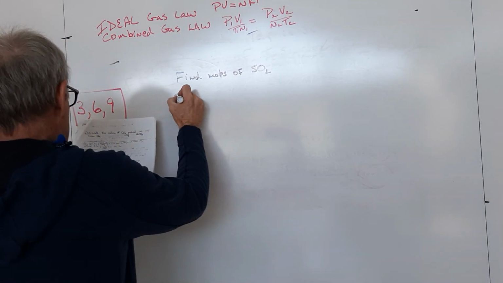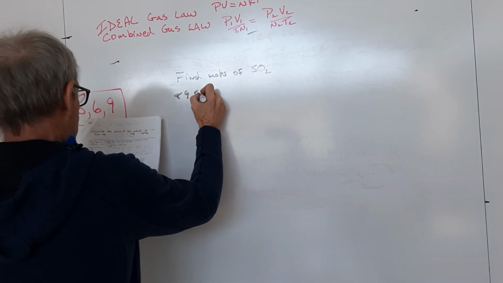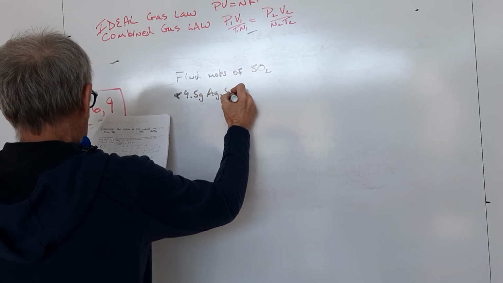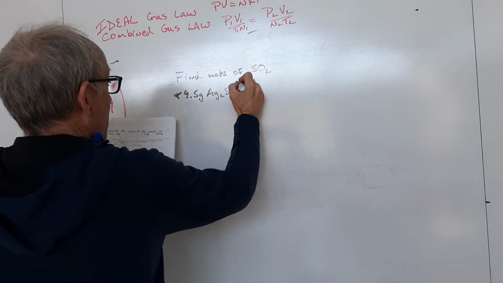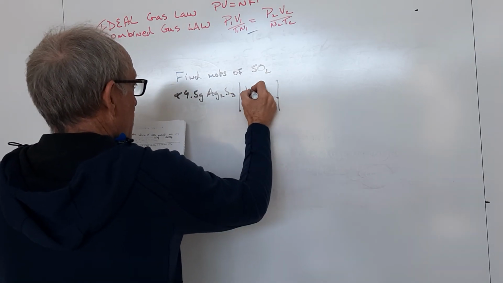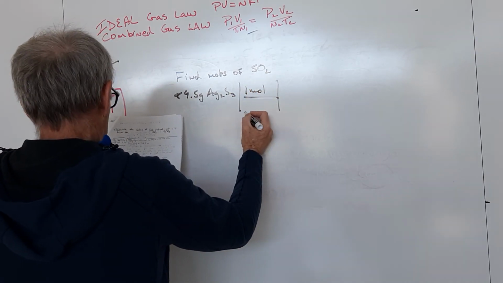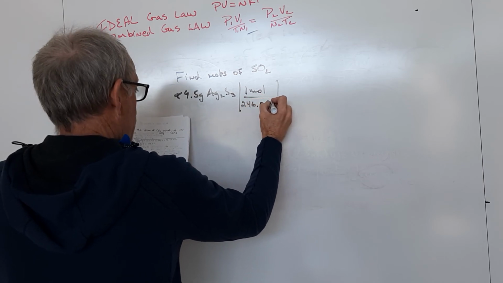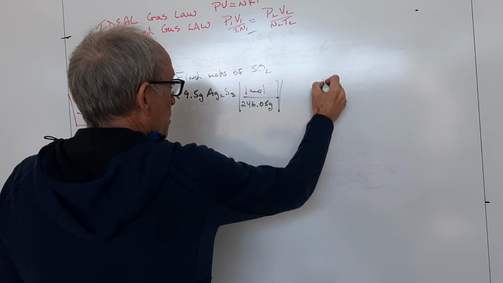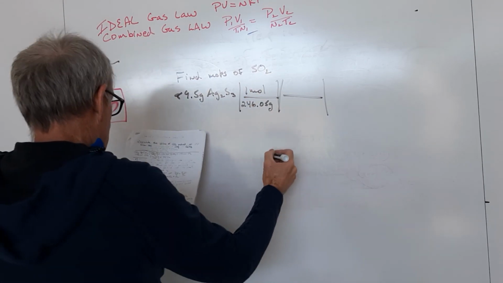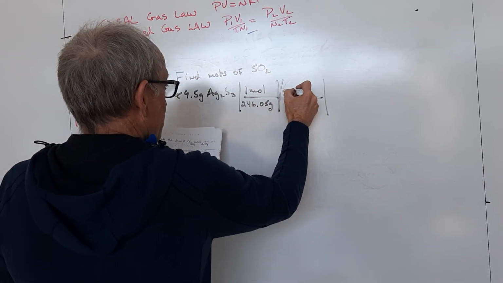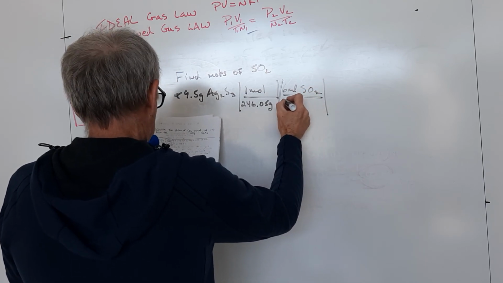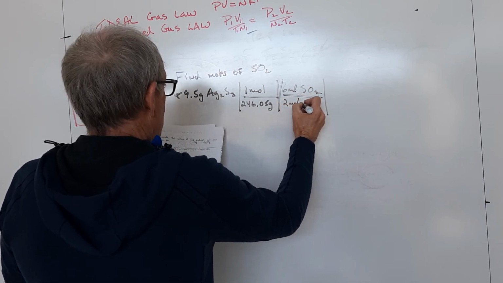So I've got 89.5 grams of As2S3. I'm going to change that to moles. 1 mole is going to be 246.05 grams. Now I'm going to go mole to mole to get to SO2, and I get 6 moles of SO2 for every 2 moles of As2S3.